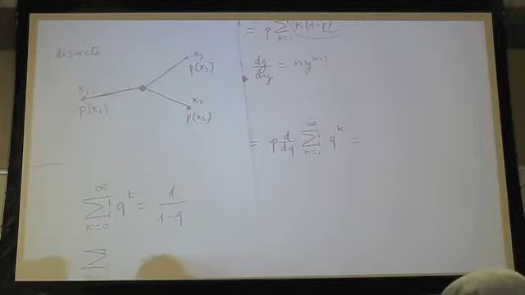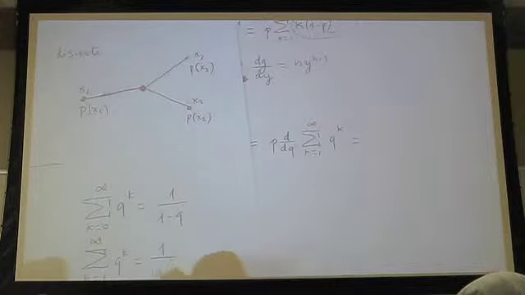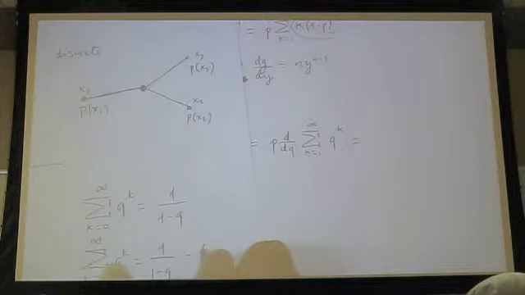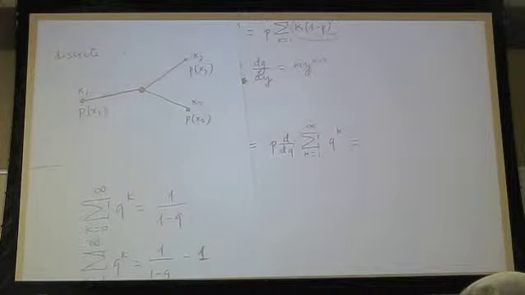Right. If I have k equal to 1 to infinity of q to the k, it's just 1 over 1 minus q minus the term k equal to 0, right? And q to the 0 is what? Is 1. So why don't I just write 1 right there? Is everybody happy with that? Okay.